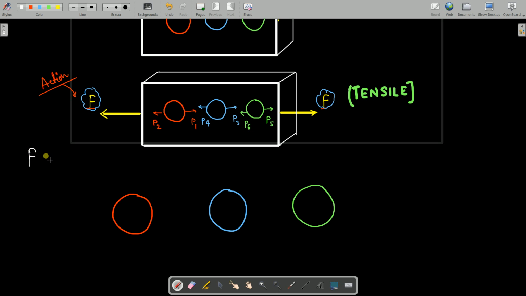Now you see once again, what is this F? I will call this my external force. What are P1 and P2? P1 and P2 are nothing but internal forces. Who is applying this external force? I am applying.